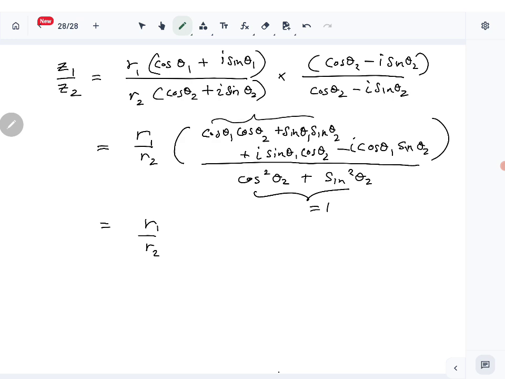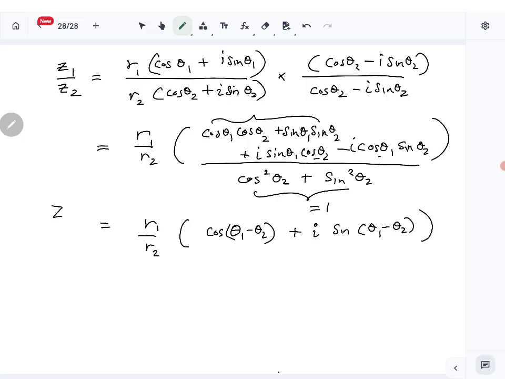What is this? This is an identity, you know. Cos theta 1 cos theta 2 plus sin theta 1 sin theta 2 is what? Cos of theta 1 minus theta 2. Take I out, then you get the same expression for sine. Sine of theta 1 minus theta 2 is the third and fourth term together, right?